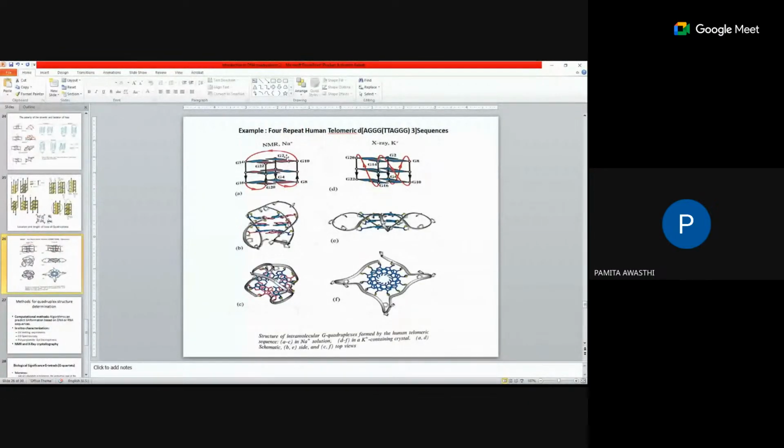Red is syn, blue is anti. So this is the glycosidic, meaning chi angle, orientation, or you can say the conformation. And the loops are successively, this is edgewise, these are the two edgewise, this is the diagonal. So this is edgewise, diagonal, and again edgewise.